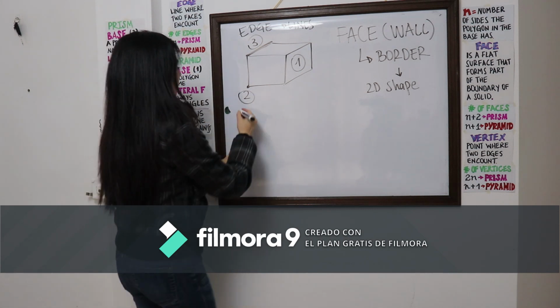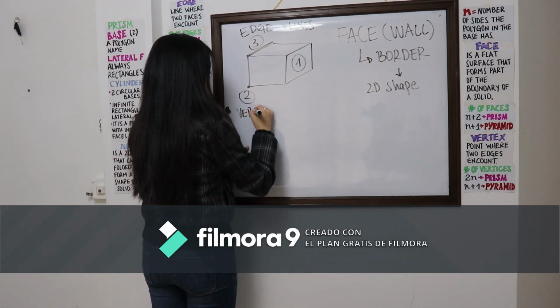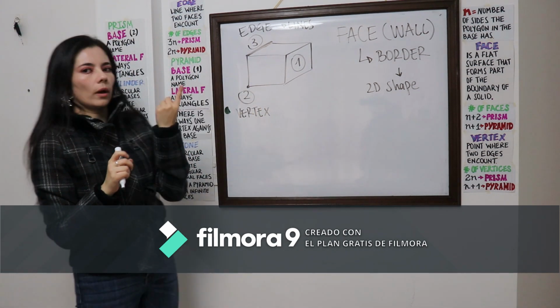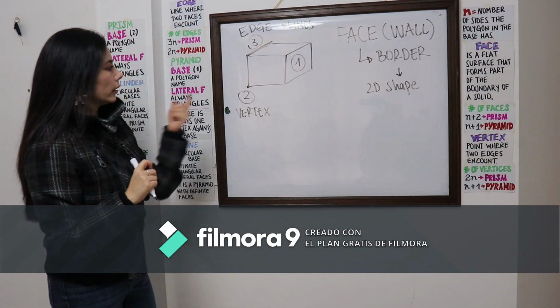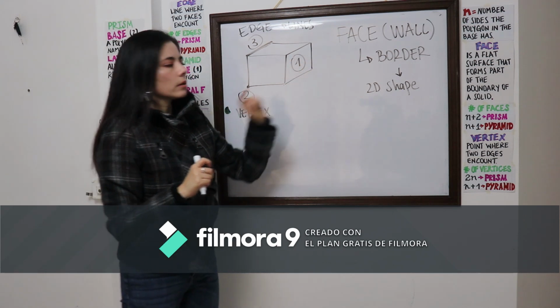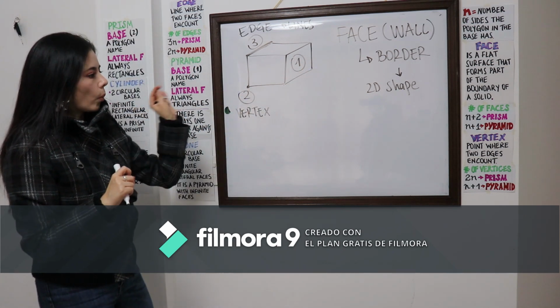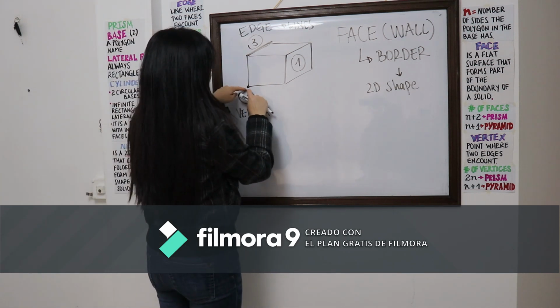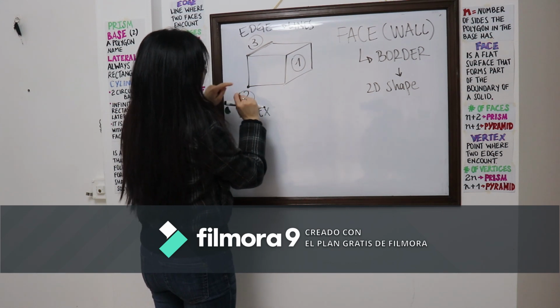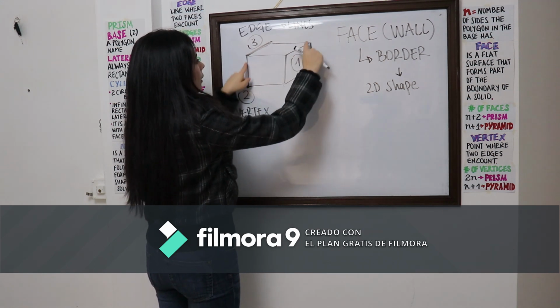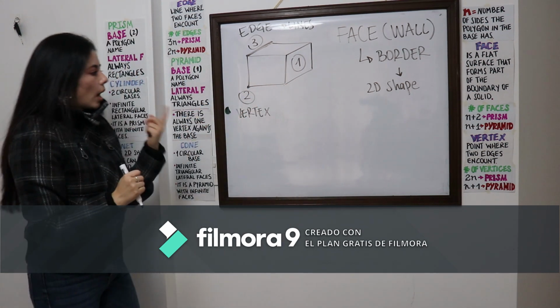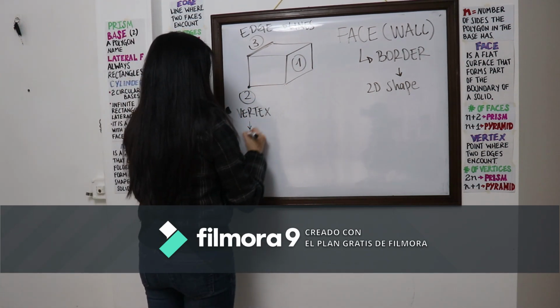And finally, the vertex is actually a point. We can call it a corner as well, right? Those corners are the points where edges encounter. So in this corner, these two edges encounter. In this corner over here, these two edges encounter, but these two edges encounter as well, right? So here we're talking about a point now.